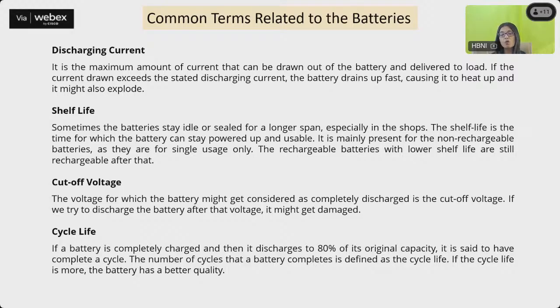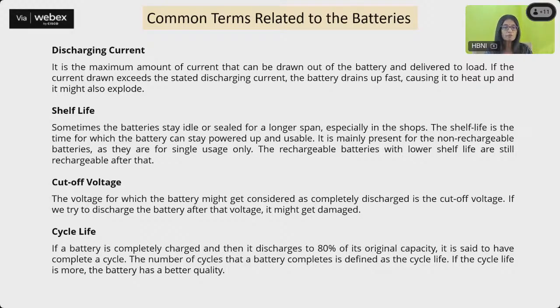This is more important in the case of a non-rechargeable or primary battery, where the cell reaction can be converted to electrical energy only once. When you are storing it on the shelf, it continues to self discharge without being connected to a load, and after a particular point of time, the battery is no longer usable.